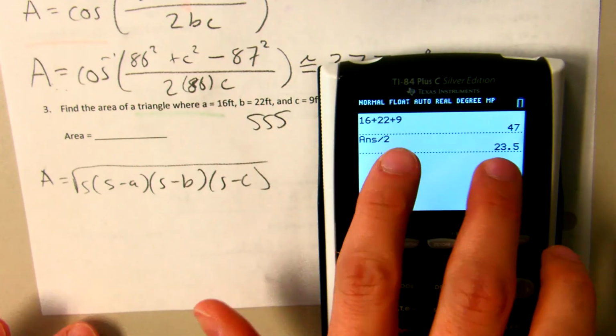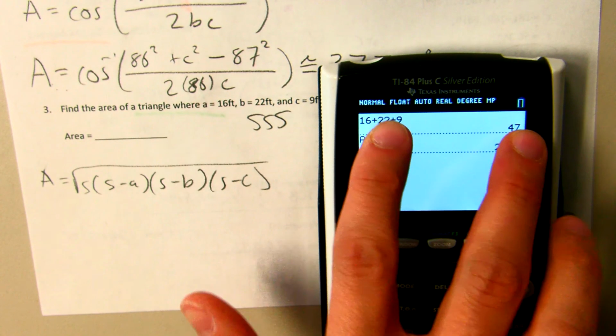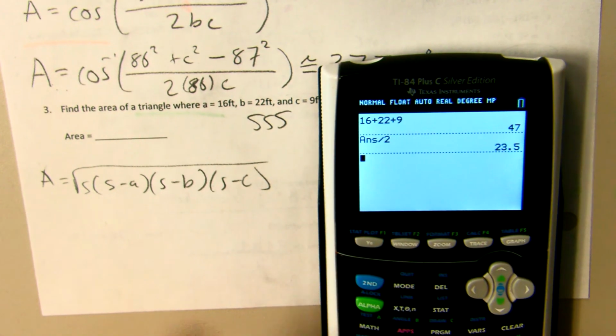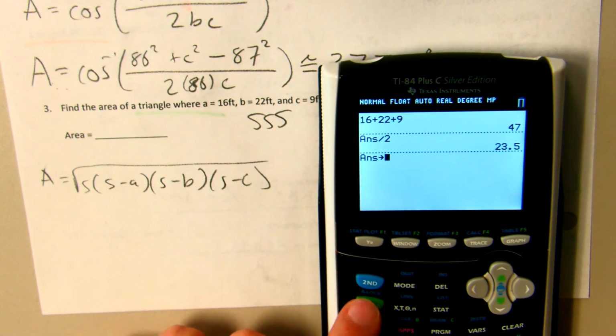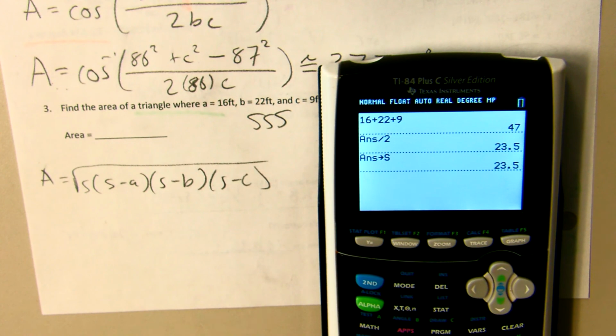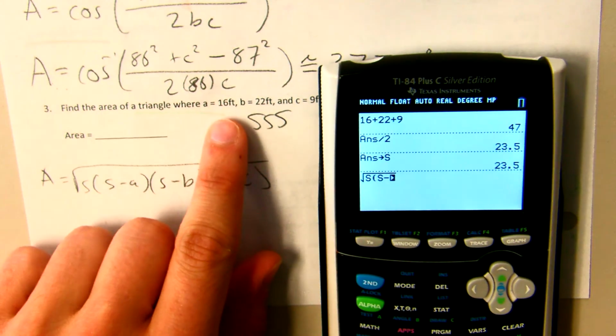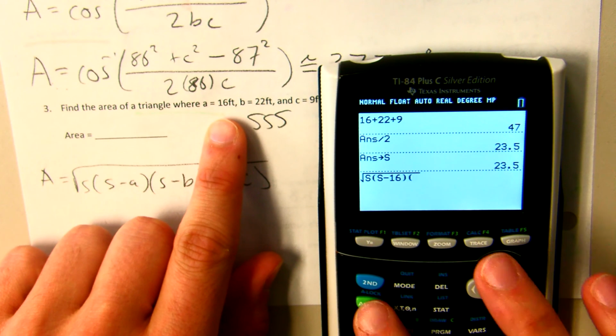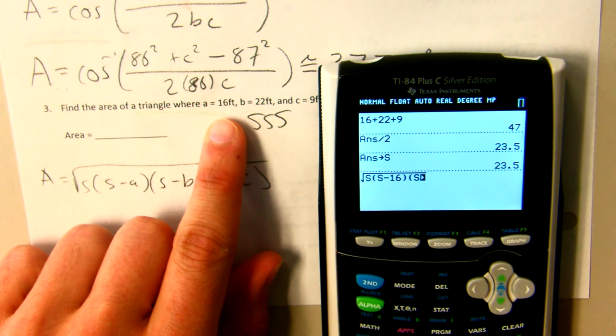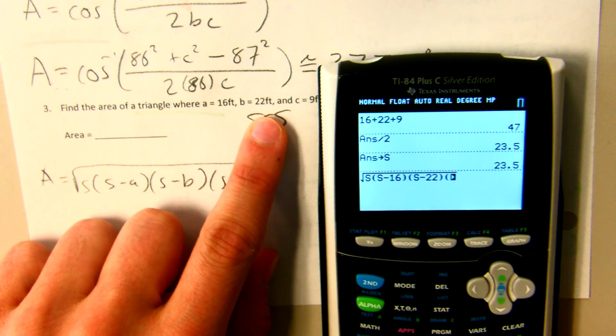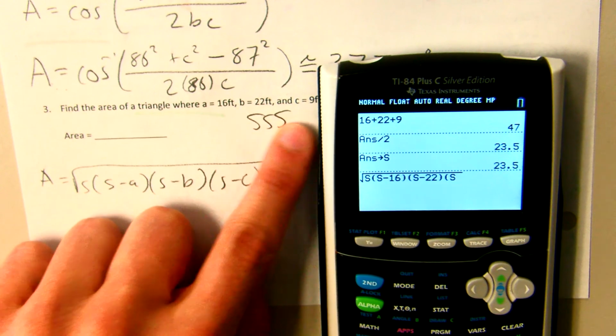So make sure that you write down how I'm computing s, adding up the lengths and dividing by 2. This is another place where it's nice to be able to store. So here's s. So I'm going to have to write out 23.54 times. So the area will be s times s minus the first length times s minus the second length times s minus the third length.